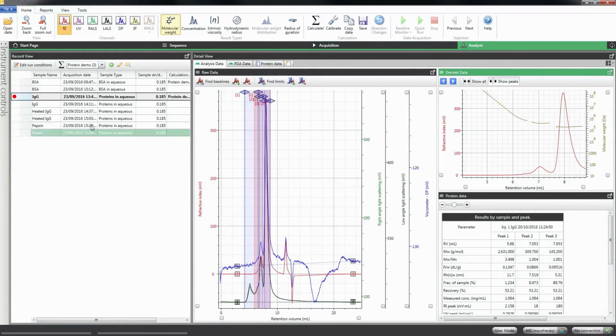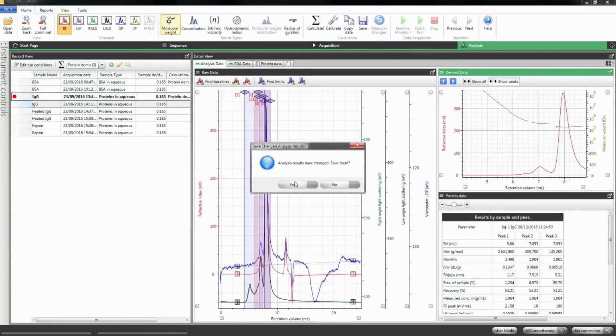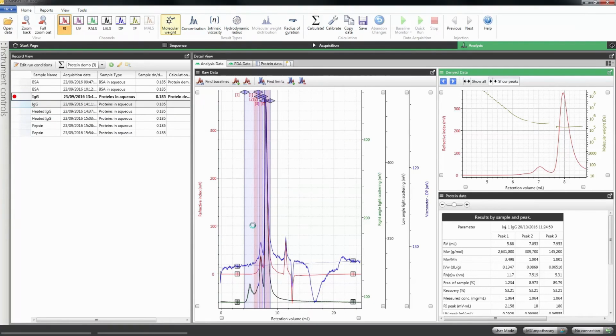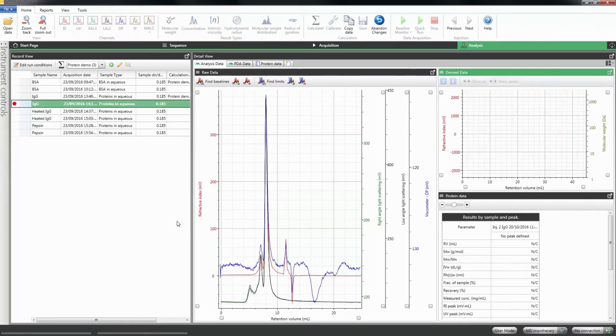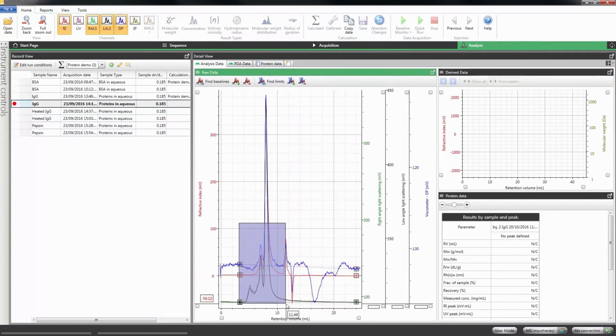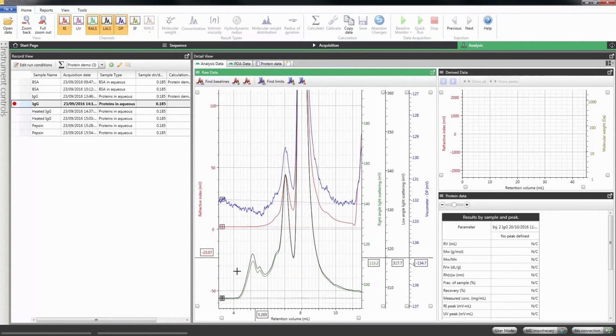So what I'm going to do is run through a couple of these, keep going with a few more of these samples. So we'll save those results and move on. And again, set baselines, zoom into the sample, and analyze those peaks.